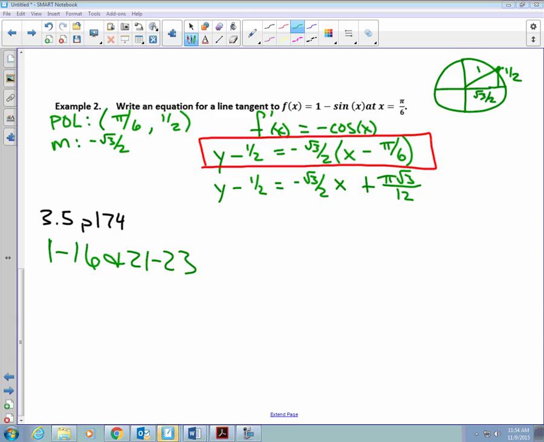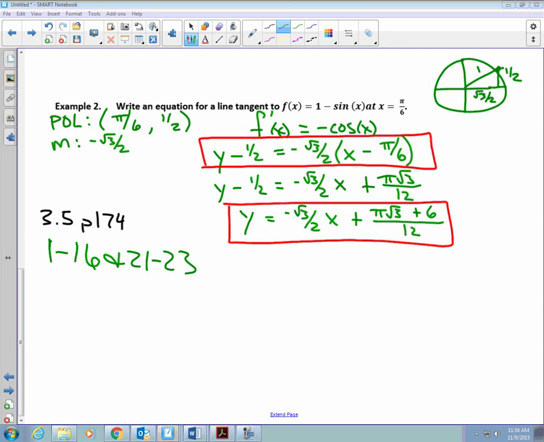Or in order to have common denominators, I'm going to add 6/12. So y equals negative root of 3 over 2 times x plus pi root 3 plus 6 over 12. So one is in point-slope form, the other one is in slope-intercept form, but it is exact value.